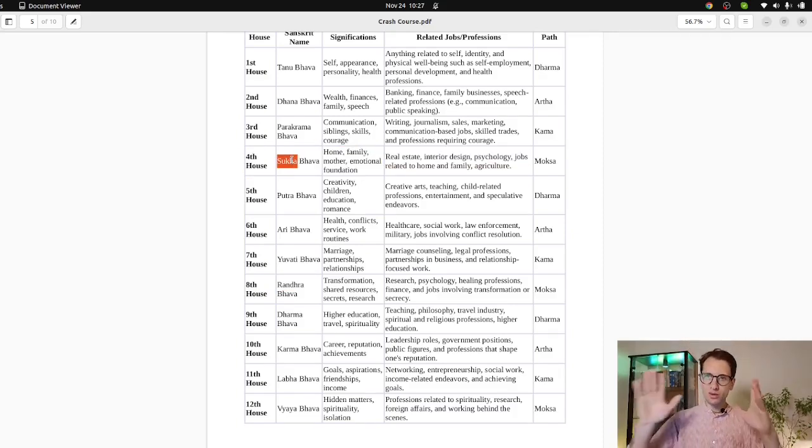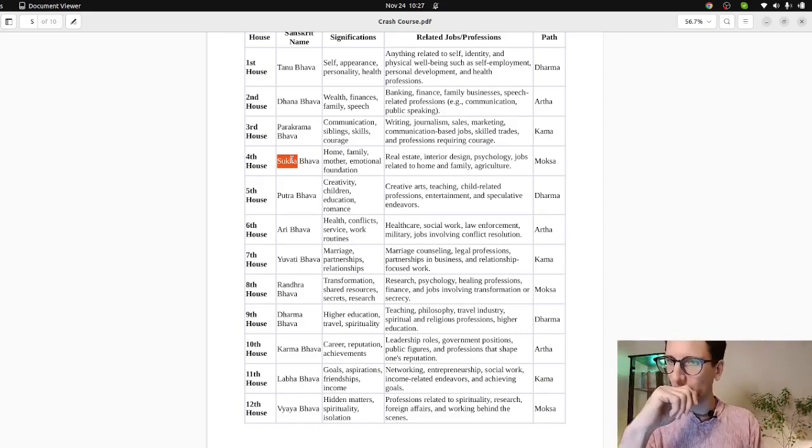So here is like the mission statement. I want to be happy. When I'm sitting in my own house and I'm peaceful, I want to be happy, right? That is the 4th house, and that's the mission statement. So now, how will this develop?